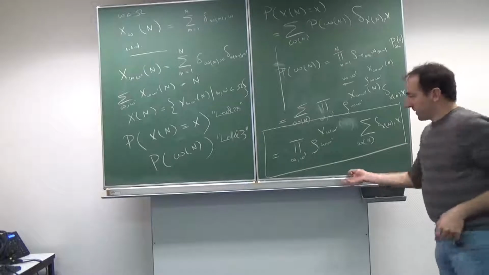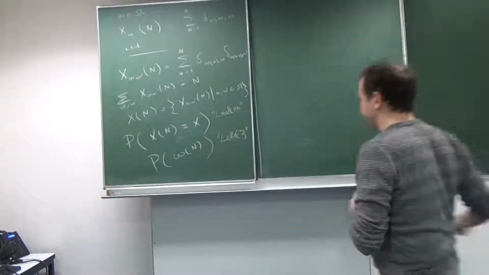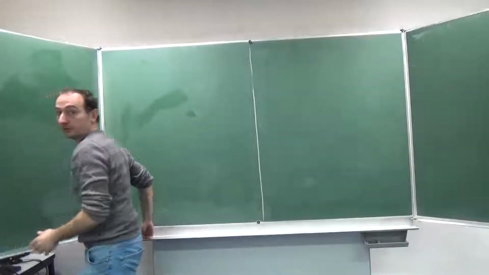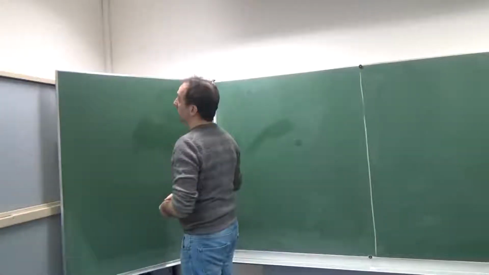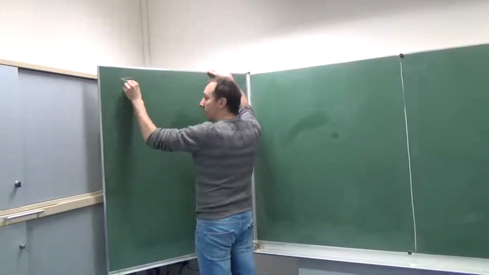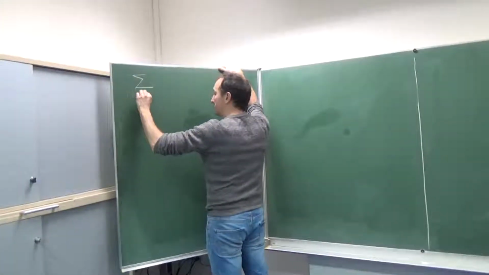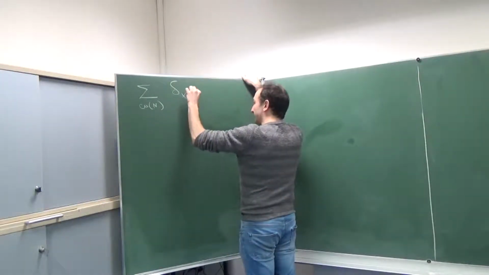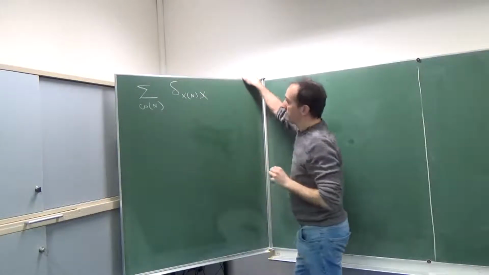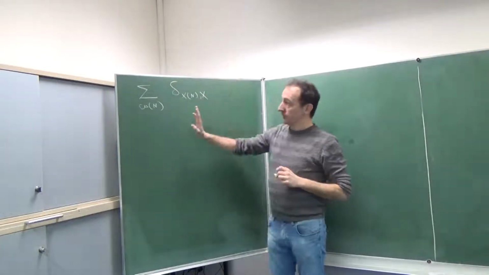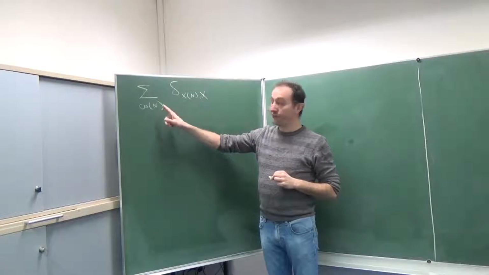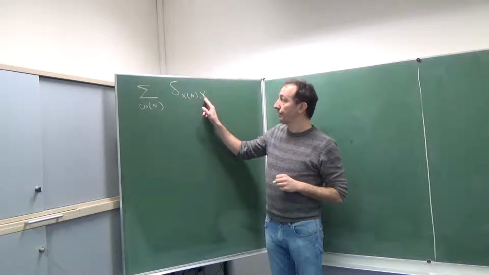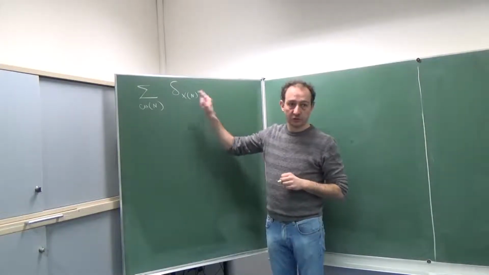So now we have to turn to that number. So we have to evaluate the sum over all possible paths delta x and x. So think about this. This is the number of paths that jump a fixed number of times across each of the transitions.